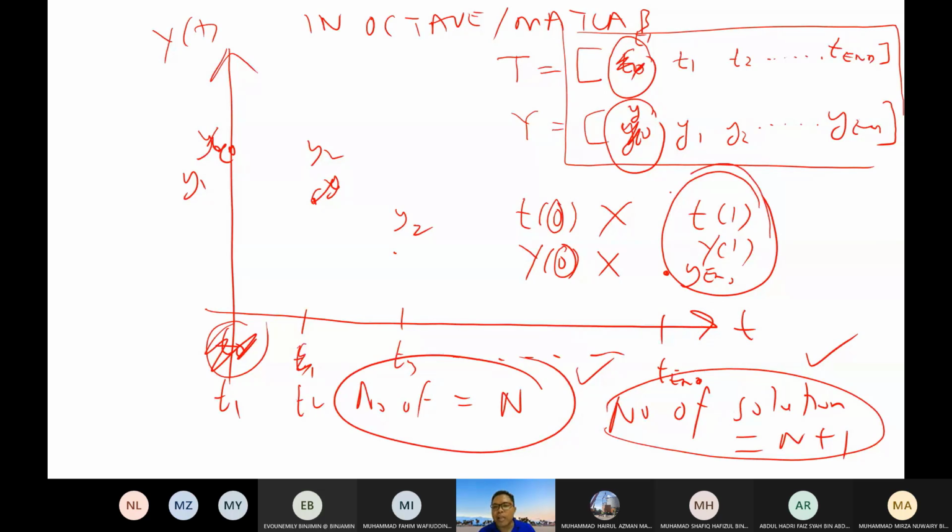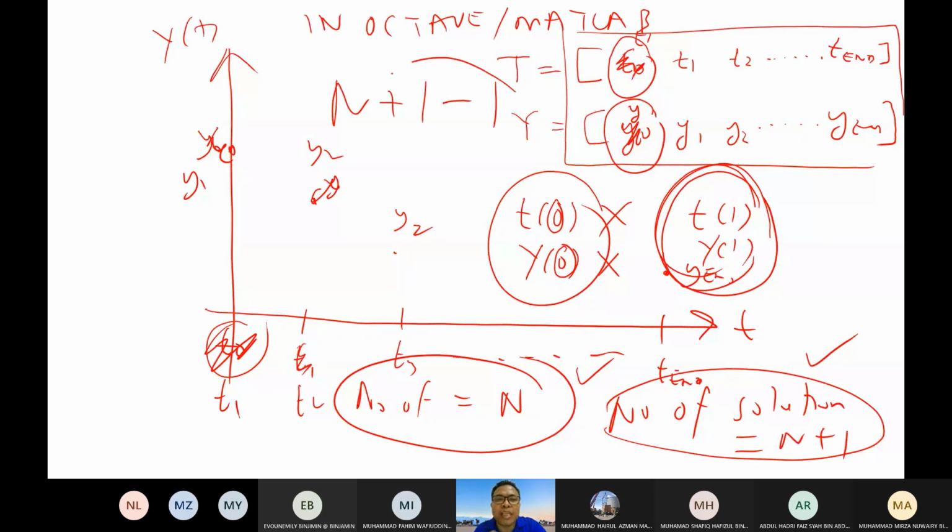Sebab kita akan gunakan yang ni, kita bukan guna sistem asal. Kita guna sistem ni sebab dia kena shift ke depan 1. So, sepatutnya bilangan solution adalah n plus 1, tapi sebab dah shift 1 ke depan, kita kena tolak 1, menjadikan n saja bilangan solution. Sepatutnya bermula dengan T kosong, tetapi kita anjak ke depan.